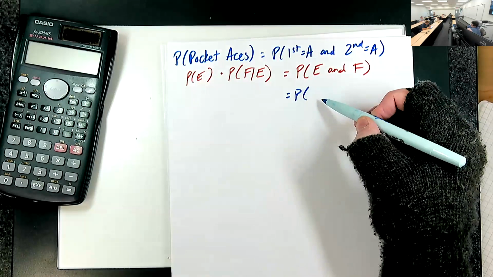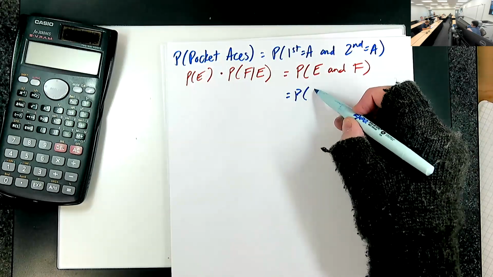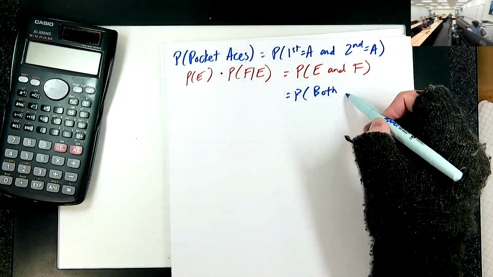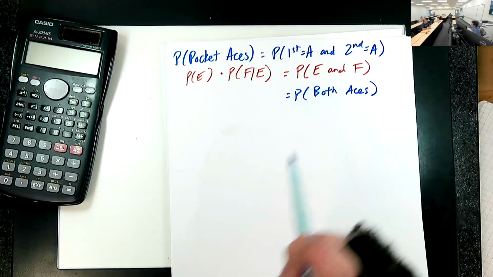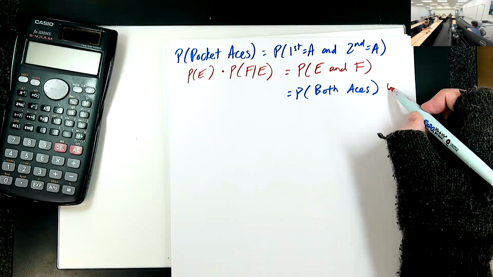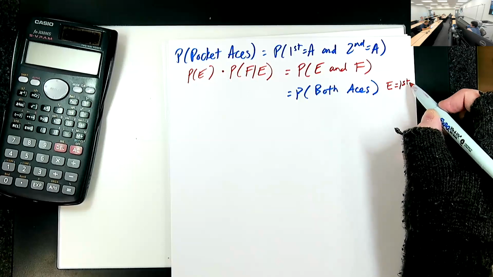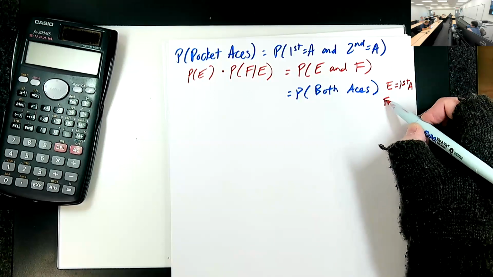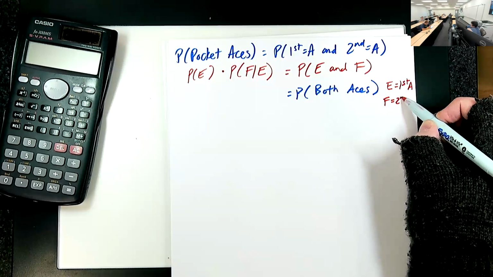The probability that both are aces is the same thing as first is ace and second is ace. What we're lining up is E is the first card is an ace, and F is the second is an ace.